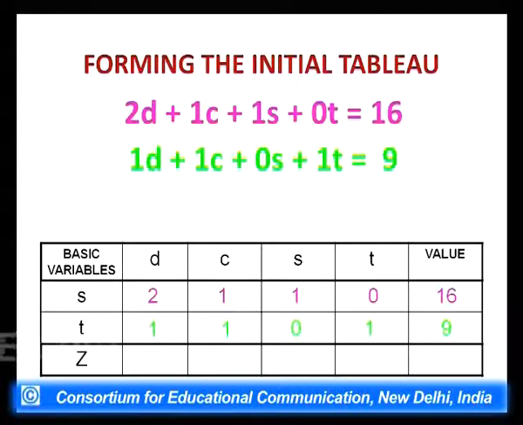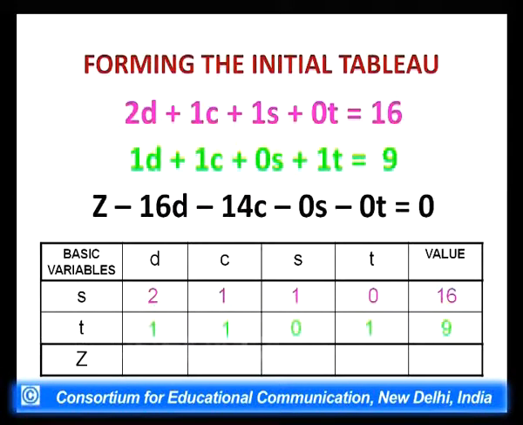And similarly for the objective function we are going to write. The objective function was modified: z minus 16d minus 14c, 0s, 0t, and value is 0. First under D we are going to write minus 16. Under C we are going to write minus 14.